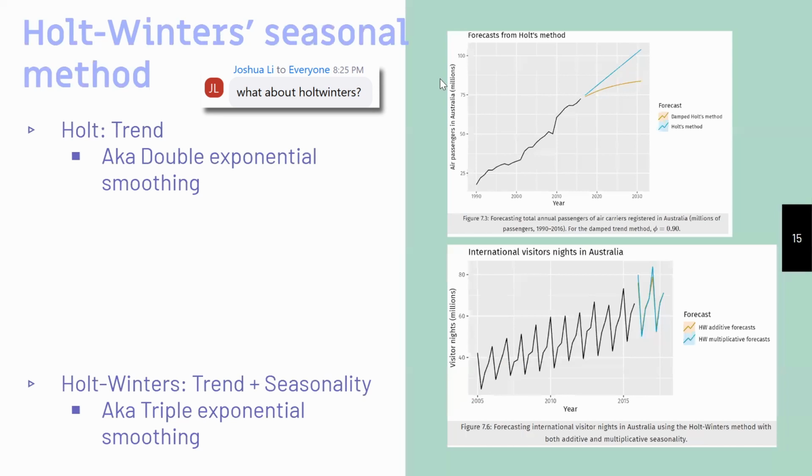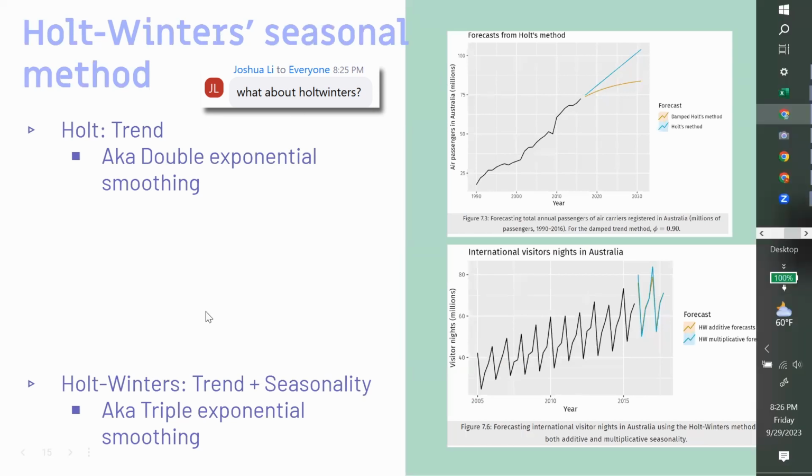Now, Holt-Winters. Yes, Holt-Winters. We're actually talking about it right now, so perfect timing for that question. What happens is that there was simple exponential smoothing. I don't remember in what year, but Holt was a scientist and he essentially added trend to it.